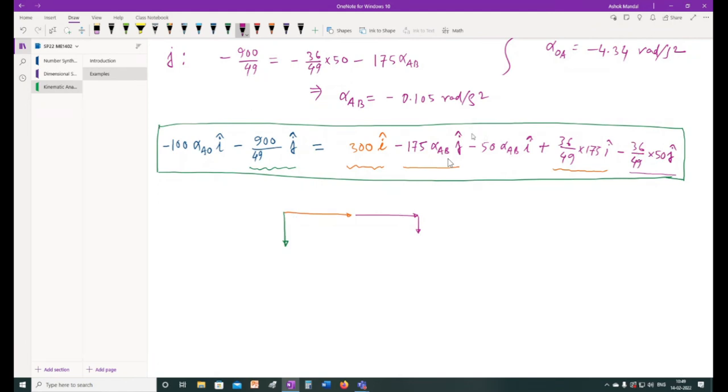And then on the left hand side, you have 1 component not known, but you know the direction. The direction is in the I direction, so you can draw that.